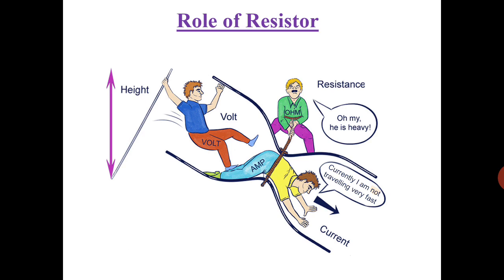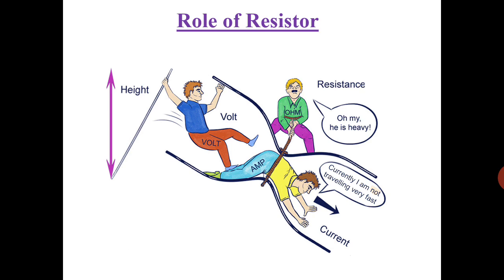Before entering into what Ohm's law is, you are going to see the role of a resistor, the meaning of voltage, and the meaning of current. See this picture, it is quite funny in nature.